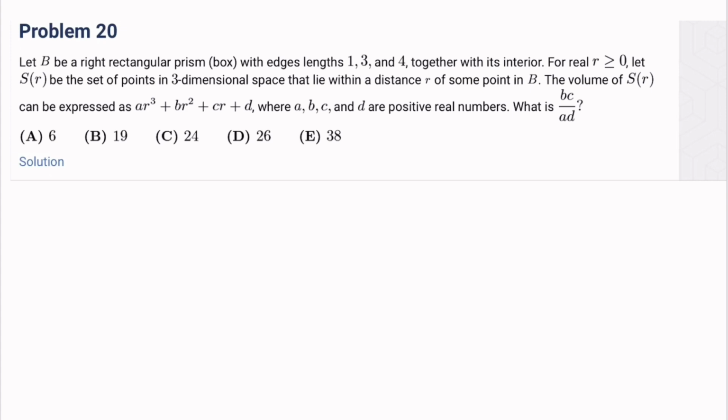Okay, so we have a rectangular prism like this here, and this is going to be 1, 3, 4, like that, right?